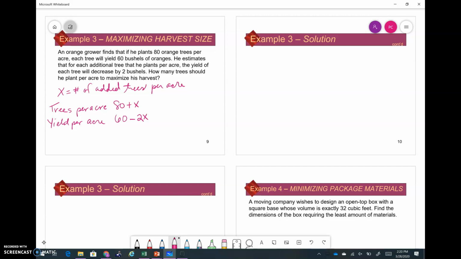So think about this. The yield that we're trying to come up with is going to be the yield per tree times the trees per acre. The yield per tree is 60 minus 2x, times the trees per acre.